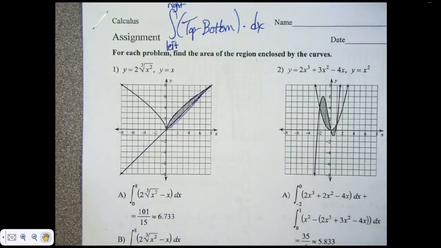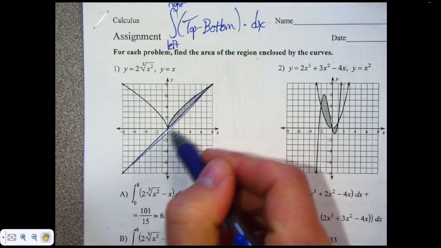And then I need to figure out top minus bottom. How can I figure out which one of those equations is on top and the bottom if I didn't know? Like I think you all know what y equals x looks like, right? So that's the line. This one's y equals x.